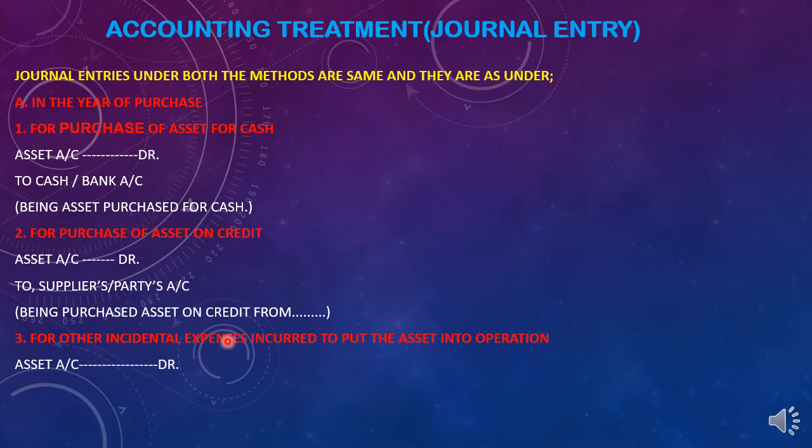So the entry again will be the same as the entry for the purchase, asset account debit to cash and bank account, and the narration will be being the payment of incidental charges. So students, for this kind of transaction, you should not make a separate entry. You can add the amount of these installation charges in the amount of the fixed asset.